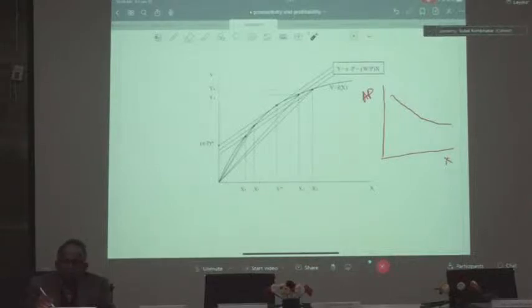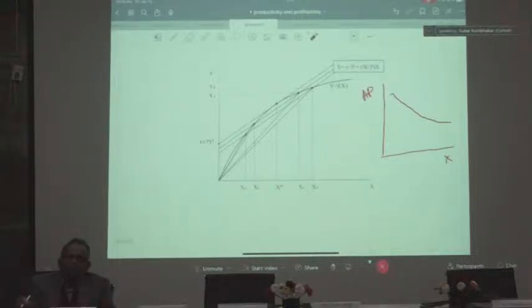What happens after X star? If you go to this point and draw another line through it, that will show lower profit. So profit keeps on increasing up to this point and then decreases. If your objective is to maximize profit, how much of X are you going to be using?